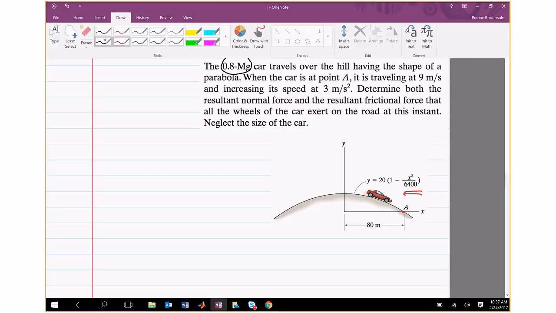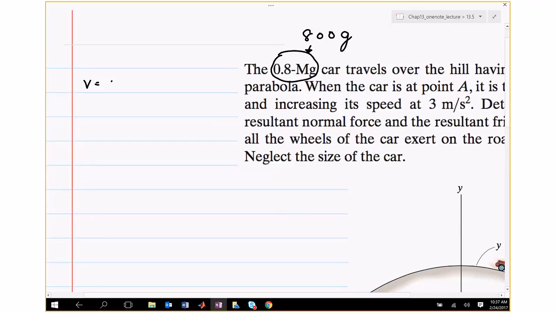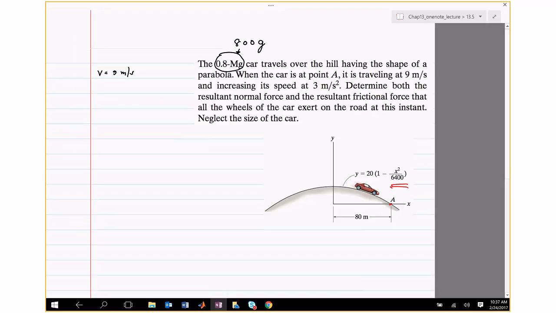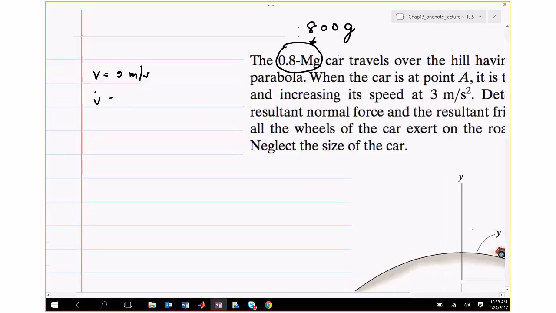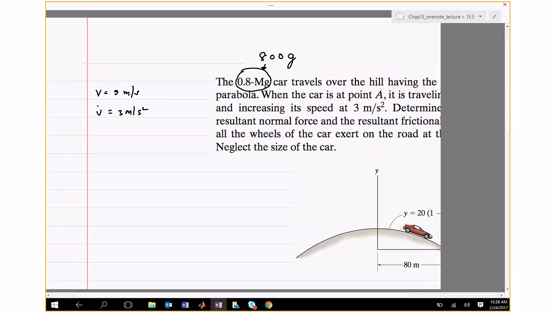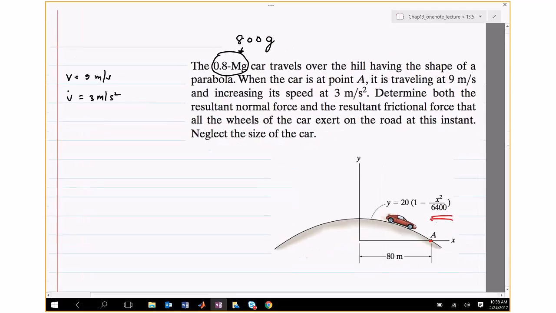Let me write that down. Velocity is 9 meters per second, and it is increasing its speed at 3 meters per second squared. So that means the acceleration is 3 meters per second squared. Okay, find the resultant normal force and the resultant frictional force that all the wheels of the car exert on the road at this instant, and neglect the size of the car.